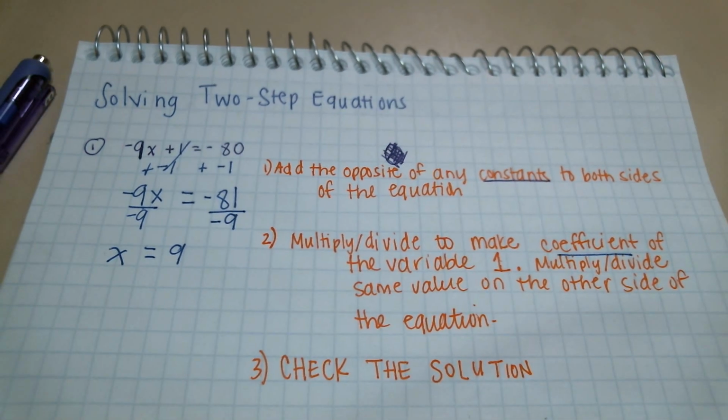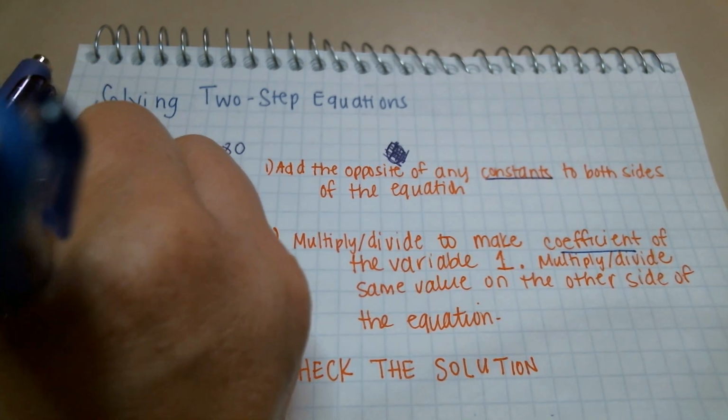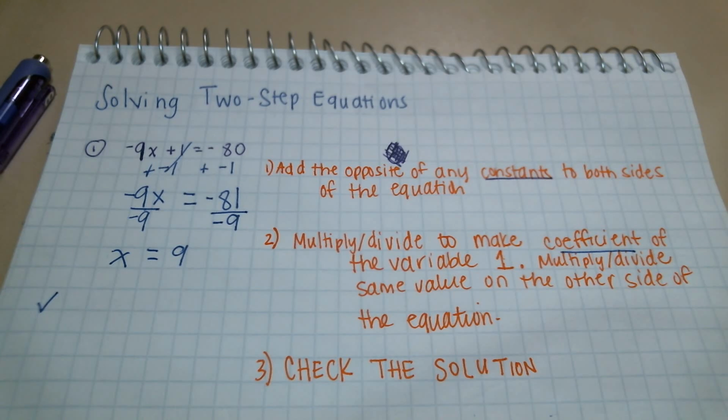But part 3 to this, and yes, you have to do this every single time, is to check your solution. So either off to the side or below the problem, I'm going to put a check mark.